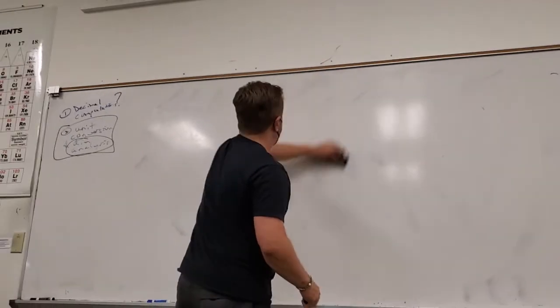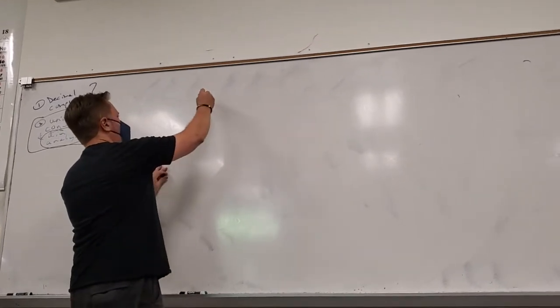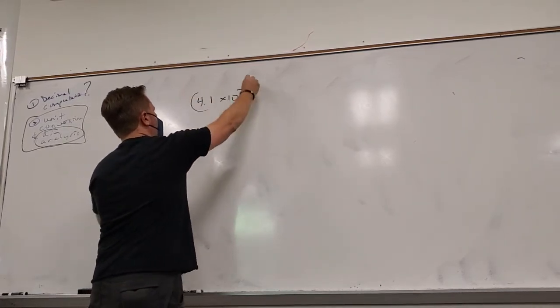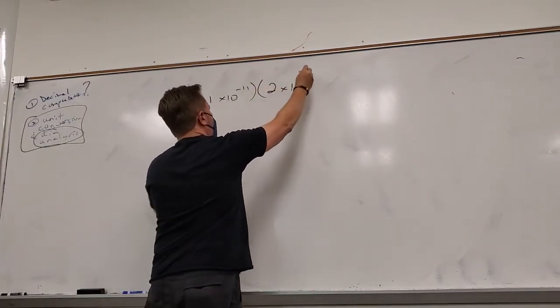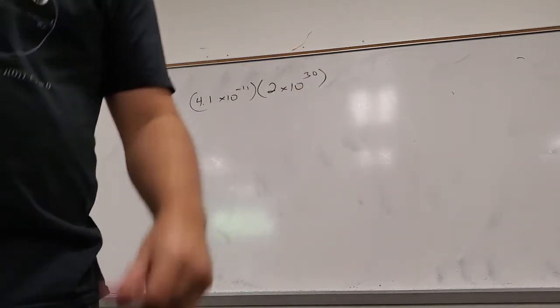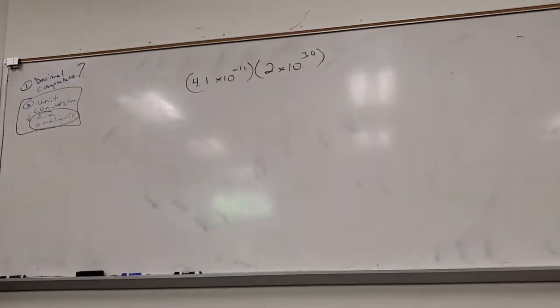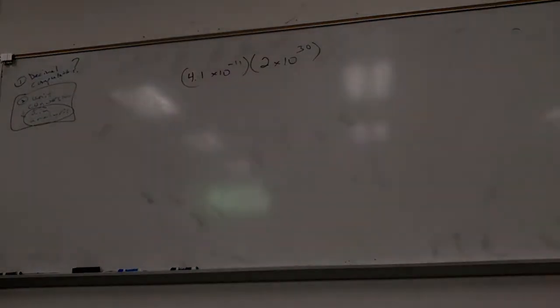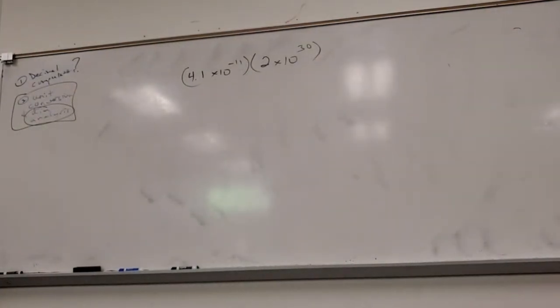For example, what if I had 4.1 times 10 to the negative 11 times 2 times 10 to the 30th? How do you do that?